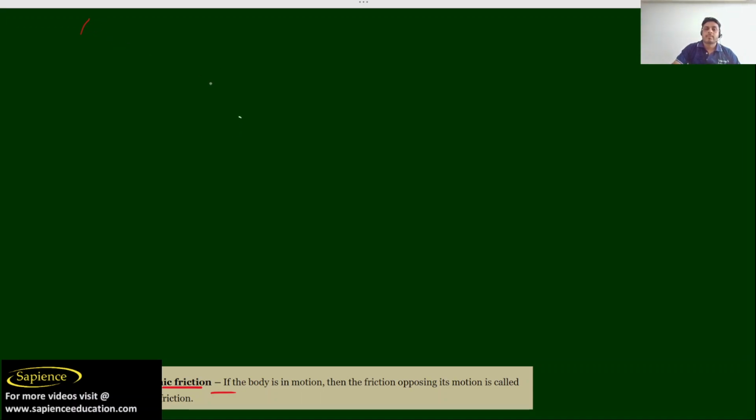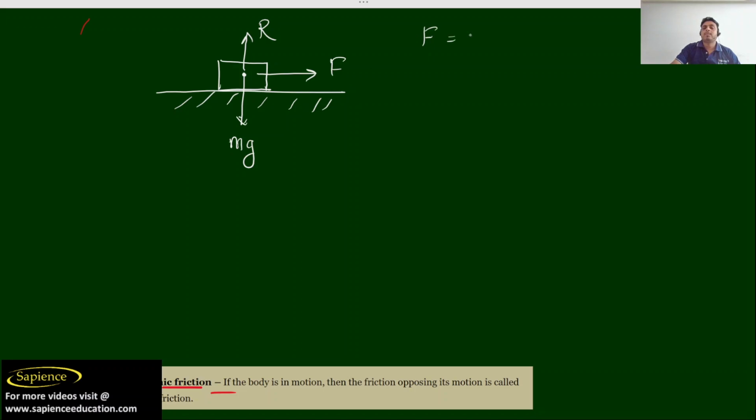See, let us consider an object kept on a surface. It has mass m, the force acting is mg, and the reaction force it gives is R. When I apply a force, it is called the applied force. F is your applied force.